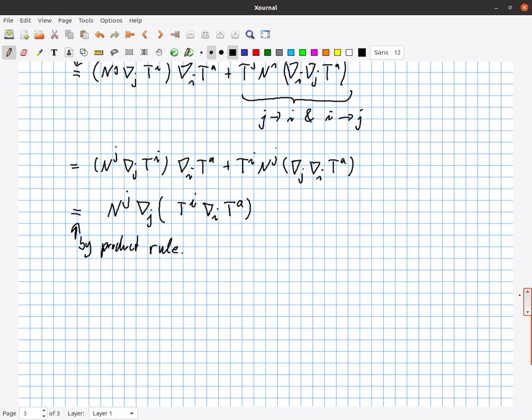Now comes something that you may not recall straight away. We assumed the s equals constant curves to be geodesics.